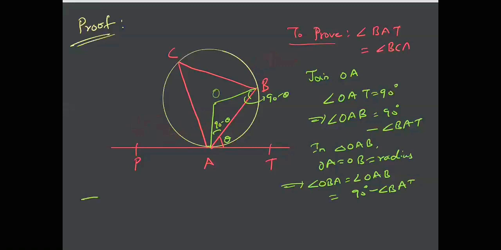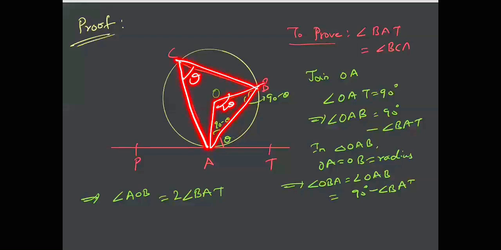So this implies that angle AOB is 2 theta, because in triangle OBA, the sum of all the angles should be 180, right? So angle AOB is nothing but twice angle BAT. Now the chord AB subtends 2 theta at the center, so at the circumference it will subtend theta, right?